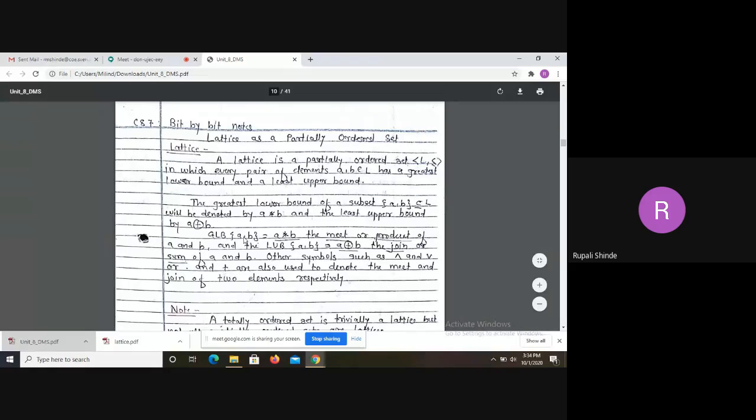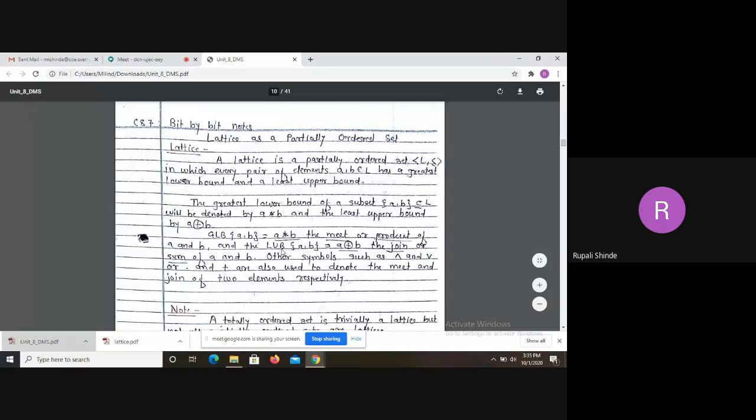That's why the greatest lower bound of A and B equals A star B, the meet or product of A and B. So this star operation is also called the meet operation or product operation of A and B. Likewise, the least upper bound of these two elements A and B equals A XOR B. And this operation is also called the join operation or sum operation of A and B. So you just have to remember the greatest lower bound is represented by the star operation, and that operation is also called meet or product of those two elements.